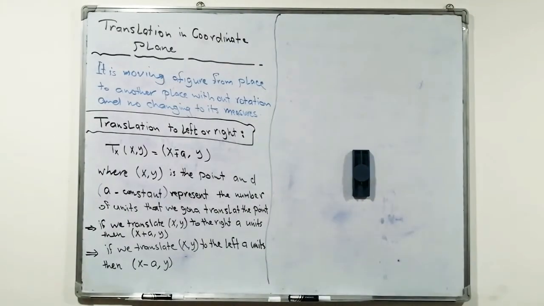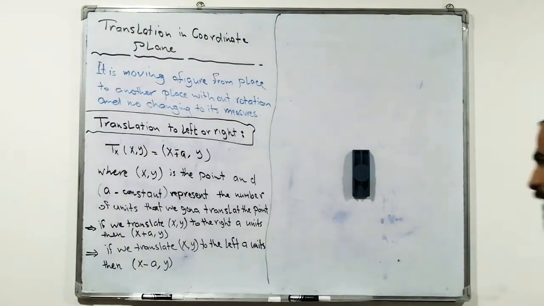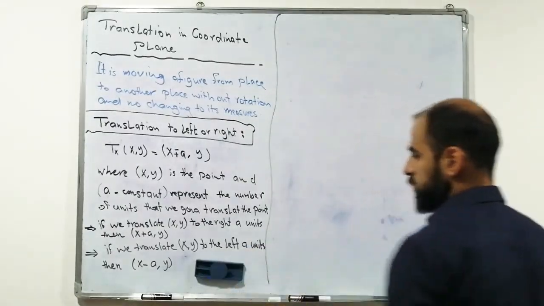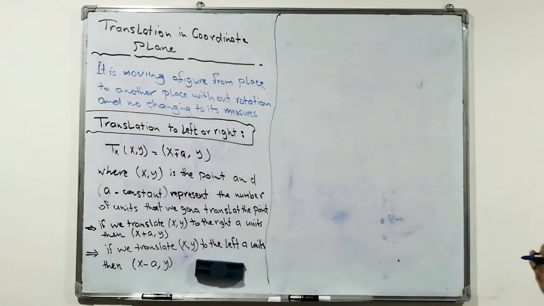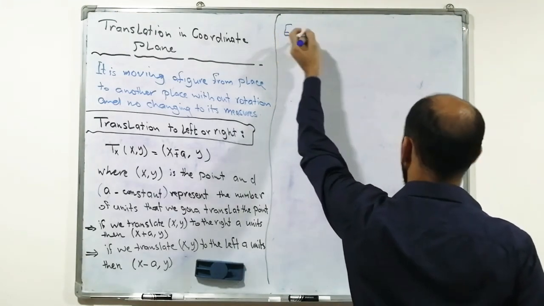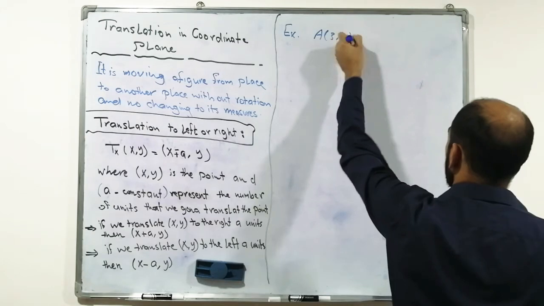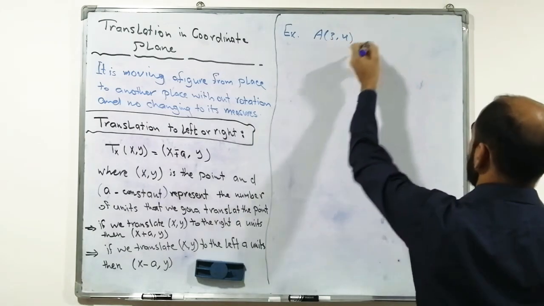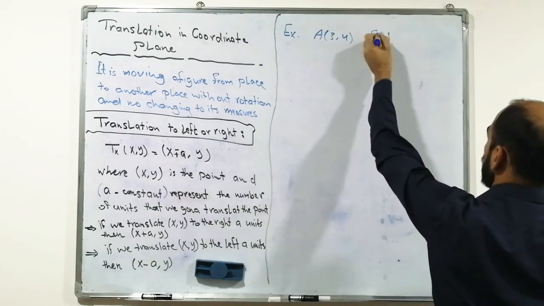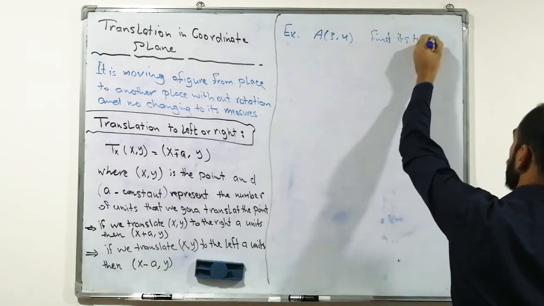We will take an example and we will know the meaning of translation to the right or to the left. In this example, we have a point A (3, 4). Find its translation.